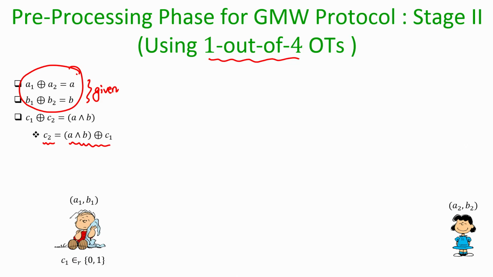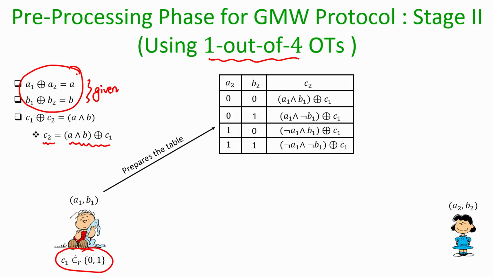Okay. He does not know the AND of A and B, but he can pick his share for the resultant C value randomly, and now he prepares a table.